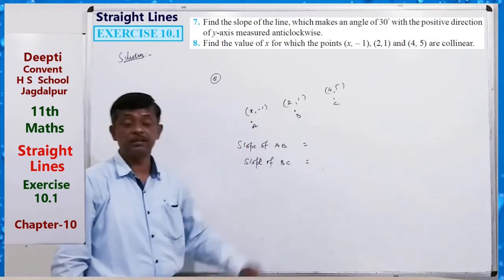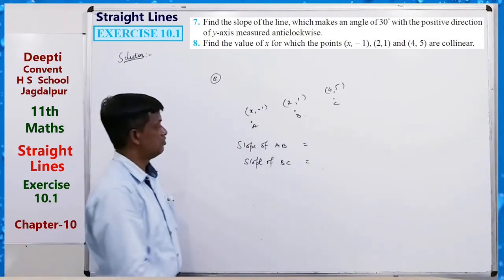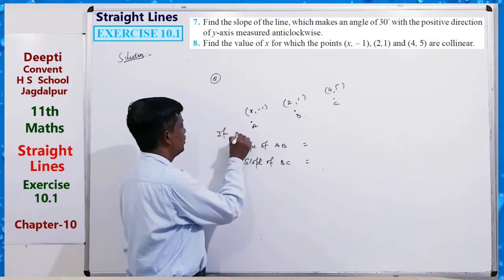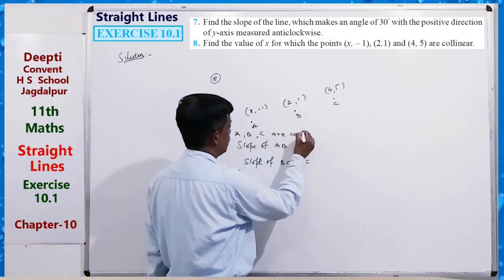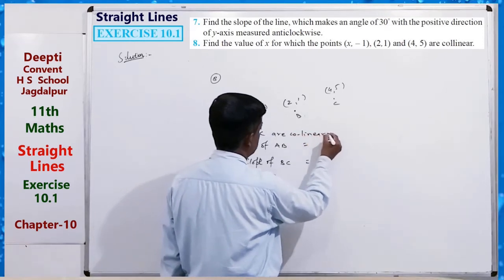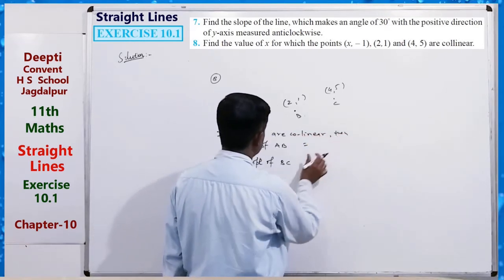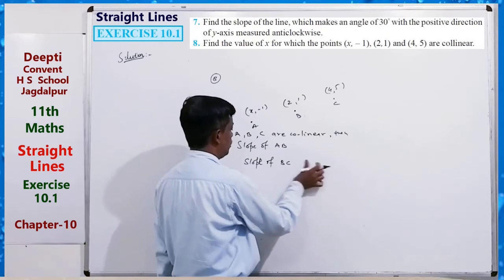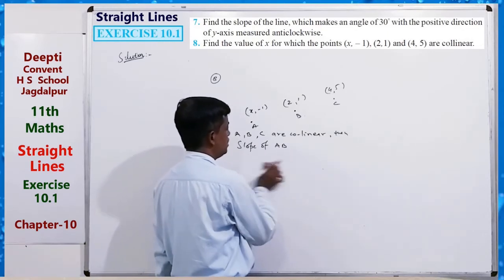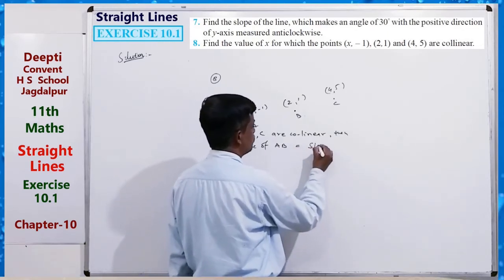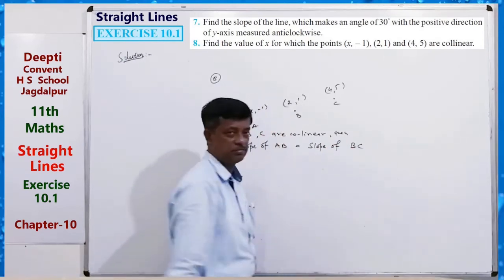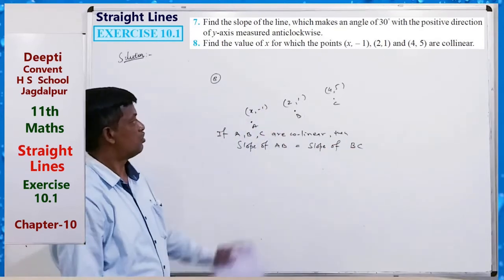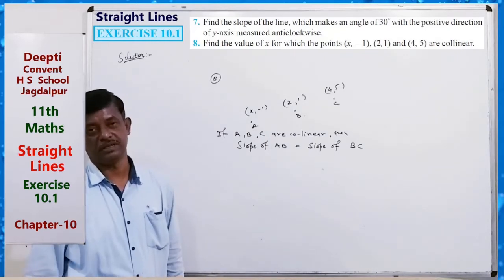If A, B, C are collinear, then the slope of AB is equal to the slope of BC.